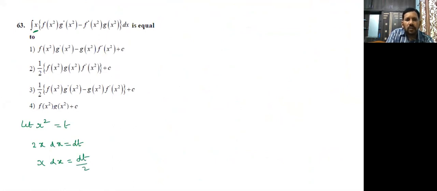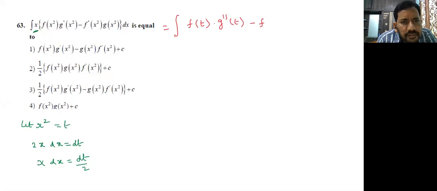Now, substitute in the question: integration f of t into g double dash of t minus, I think this is double dash or single dash?